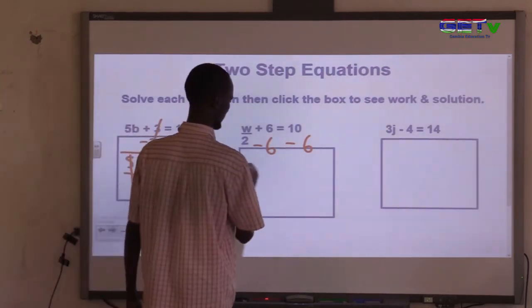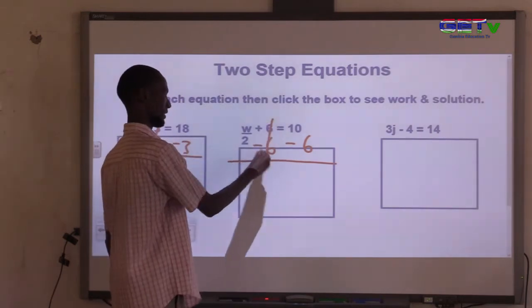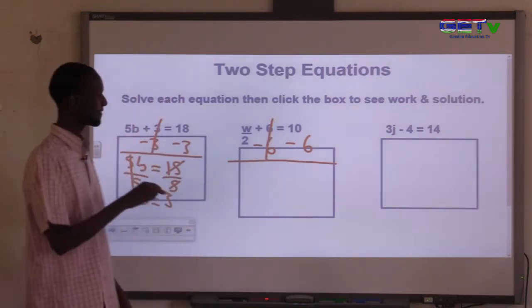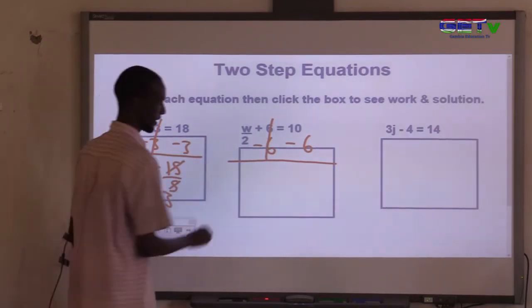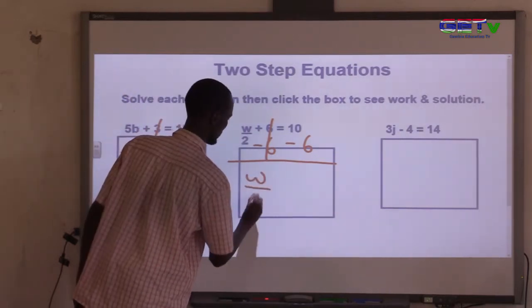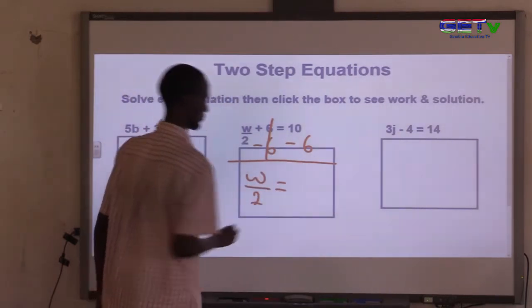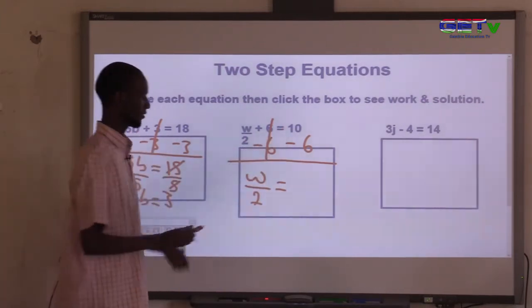Then what happens is, the 6s will cancel out, because again, 6 minus 6 would be 0, so they are gone. And on this side, you are now left with w over 2 equal to 10 minus 6, which should give us 4.